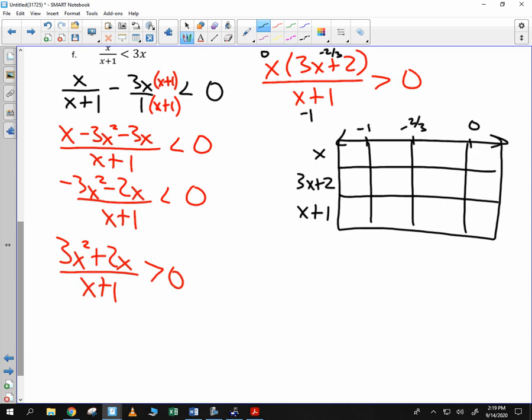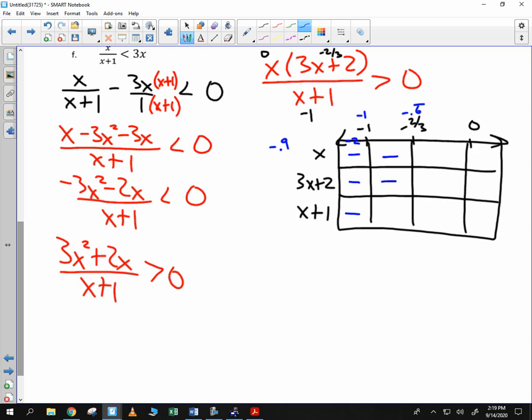Now it is time to test. I'll test a number to the left of -1. I test -2. It is a negative, negative, negative. A number between -1 and -2/3, or a number between -1 and -0.6 repeating. I would like to try -0.9. I think that's an easy number to plug in. That would be negative. 3 times -0.9 is -2.7, plus 2 would be a negative.